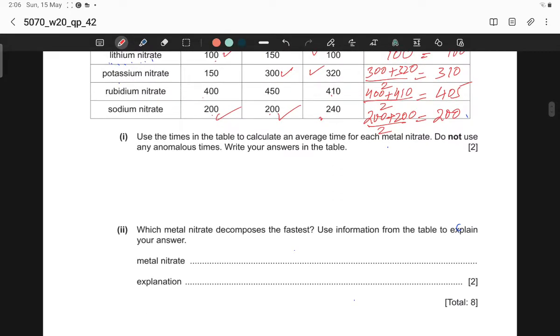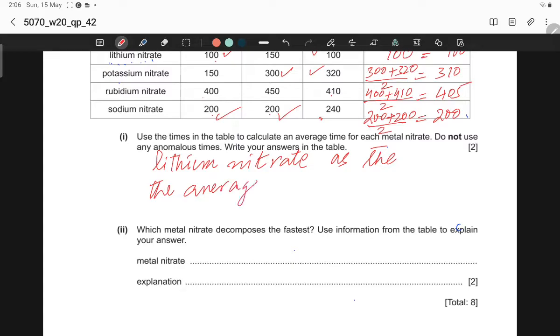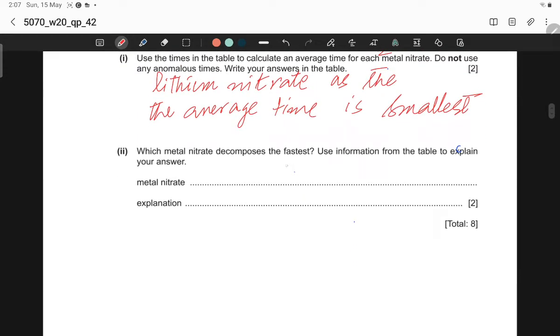Lithium nitrate: the average time is smallest.